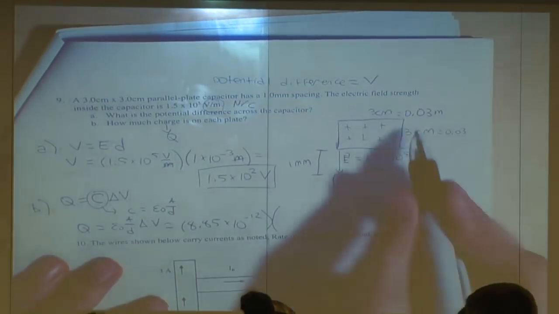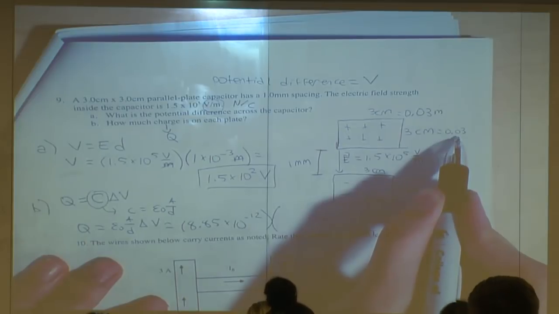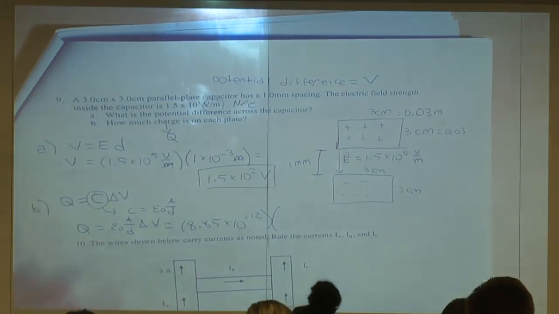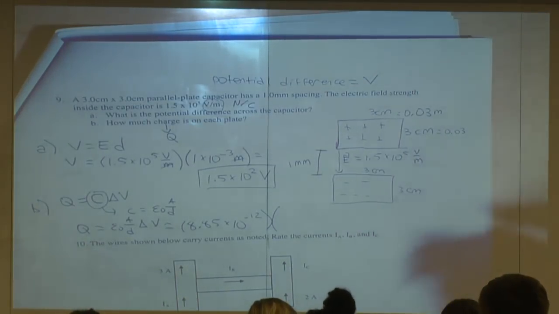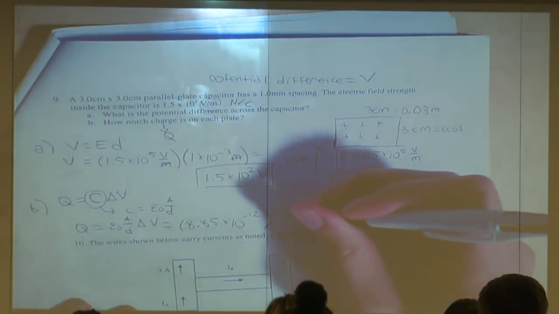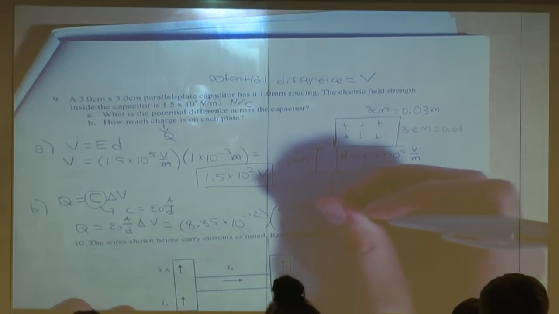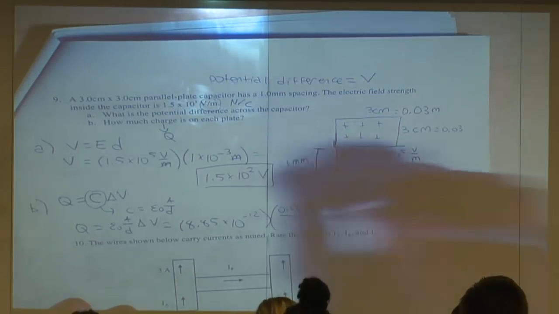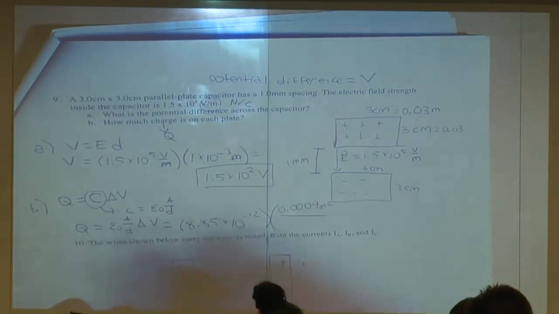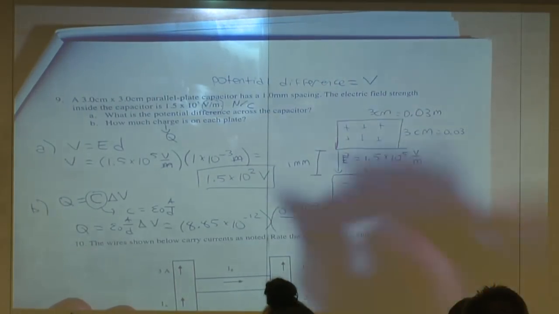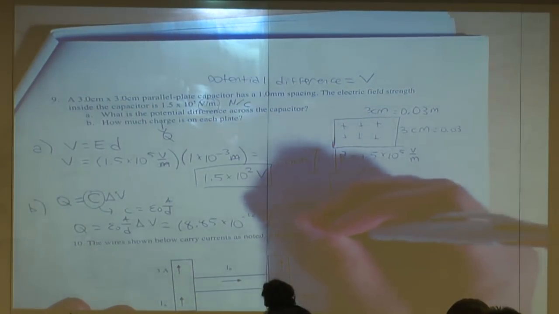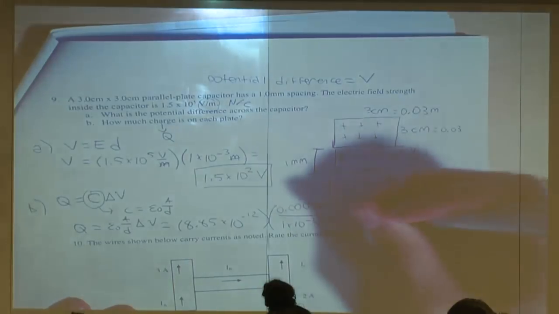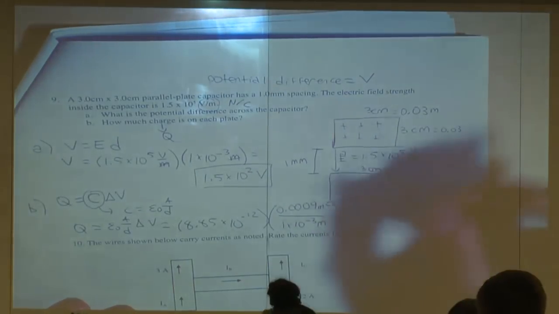So if you multiply 0.03 times 0.03, you'll get the area, 0.0009 meters squared, and you guys can verify that. And over the distance, which is the 1 millimeter, so 1 times 10 to the negative third meters.